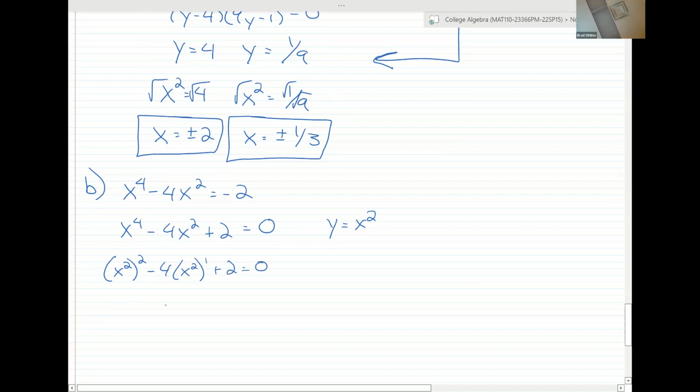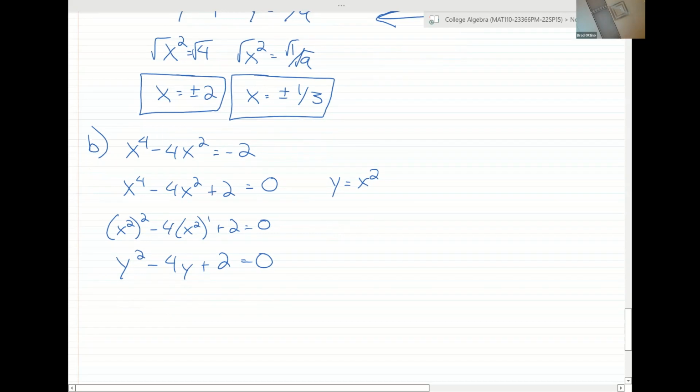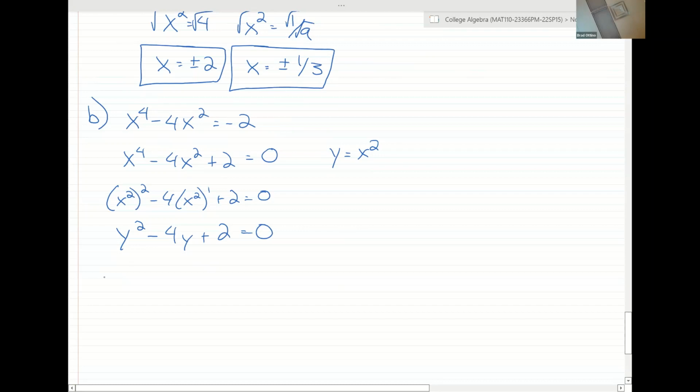We get y squared minus 4y plus 2 is equal to 0. This one's a little different because it doesn't factor. So just using the quadratic formula, a would be 1, b would be negative 4, and c would be 2.